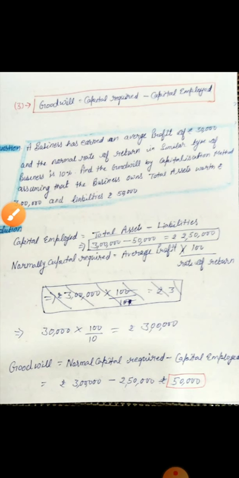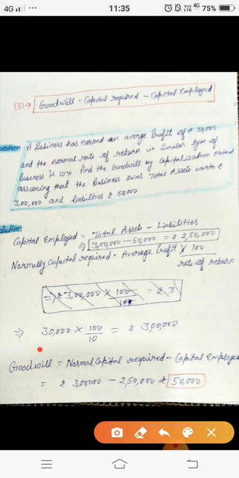Now we have to capitalize the average profit, means we have to calculate that amount of capital that is needed to earn the average profit of rupees 30,000. So you can see that 30,000 multiply 100 by 10. This is the normal rate of return. We are using the formula of capitalization of average profit.